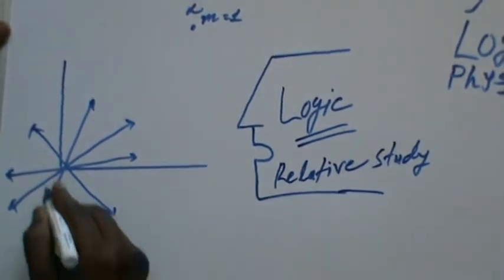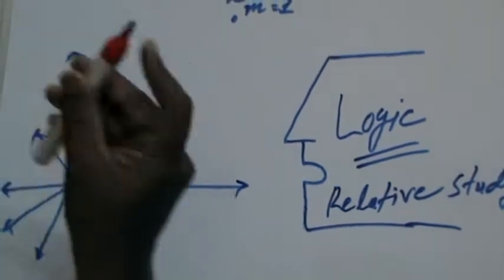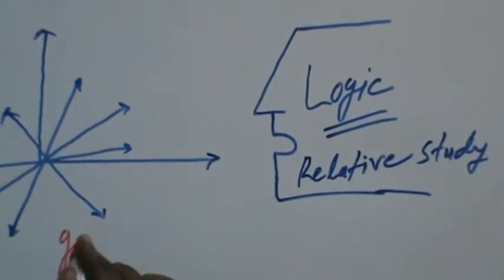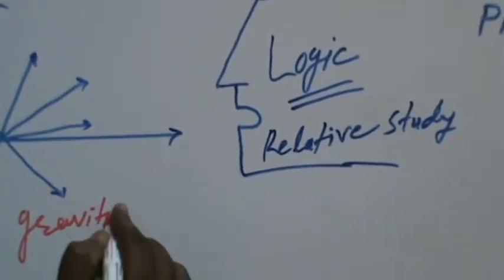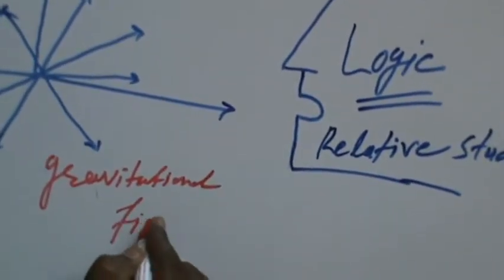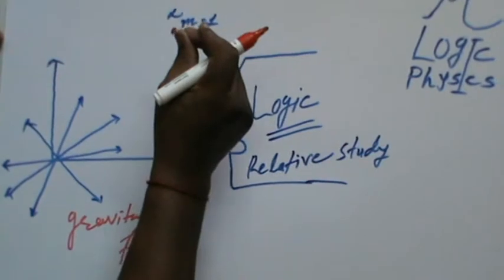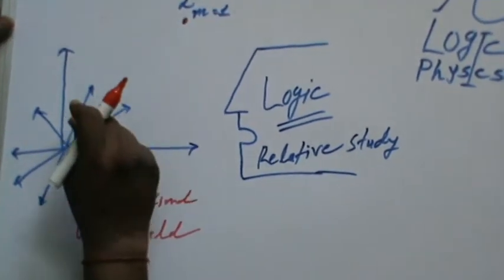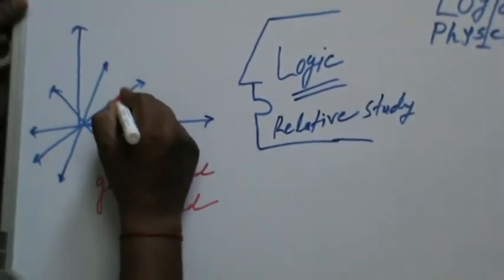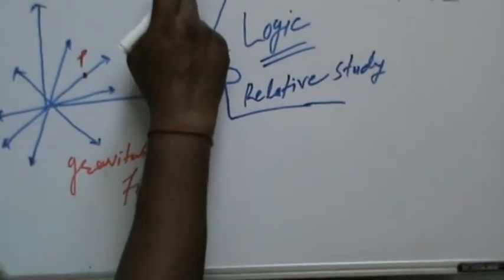This is basically your gravitational field. So this particle, which I put in the gravitational field, suppose at a point P, has the mass of unit 1.